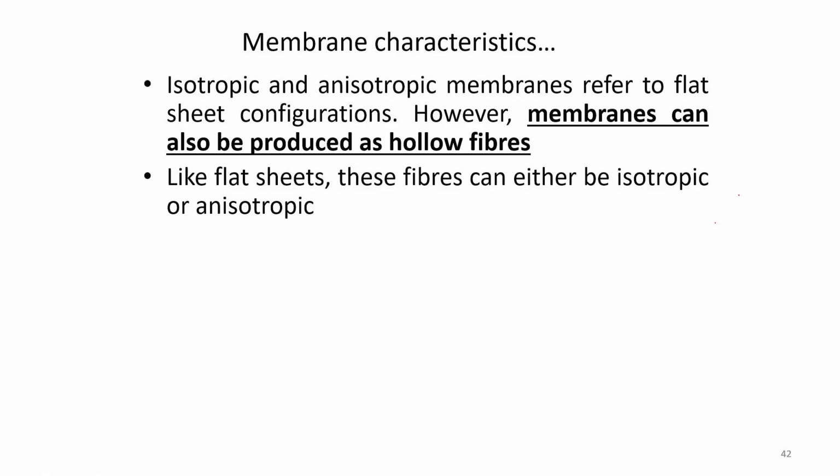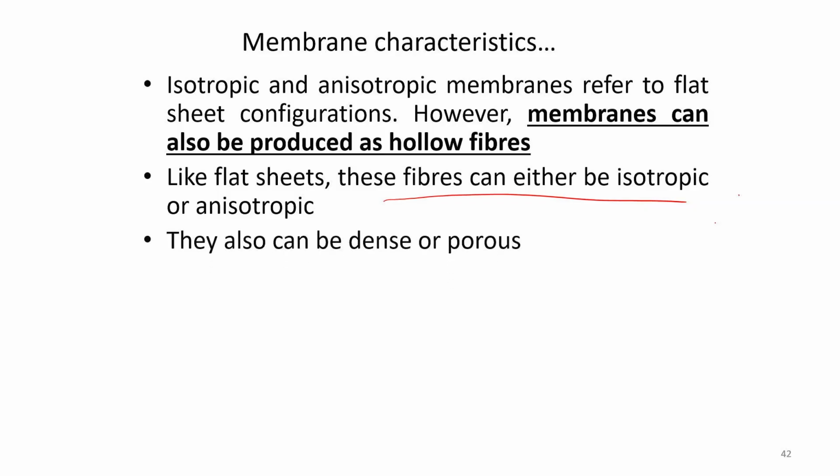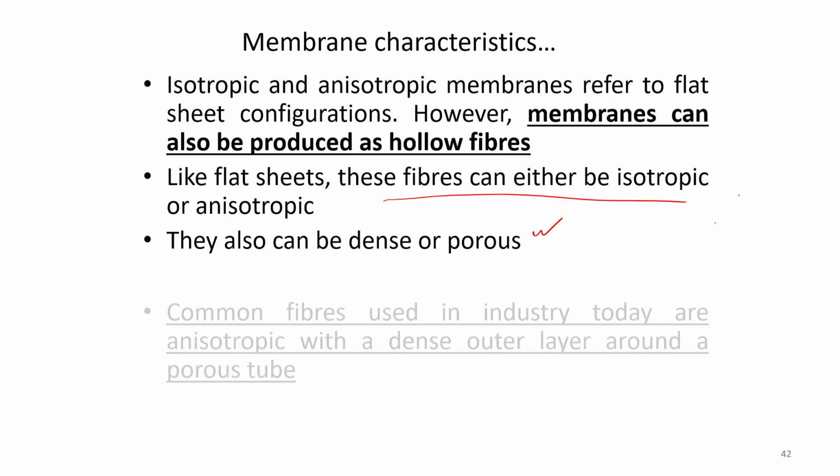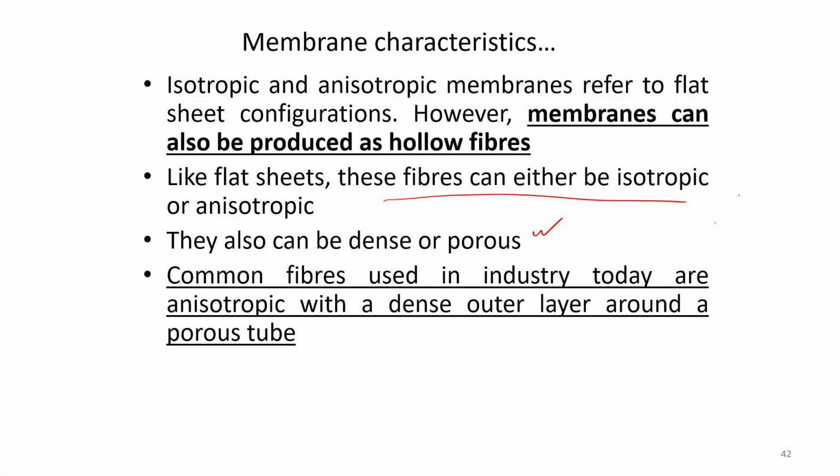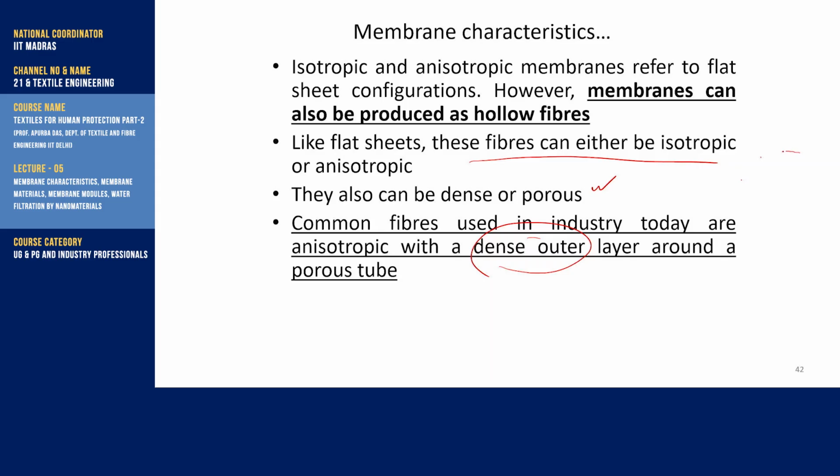Like flat sheet, these fibers can either be isotropic or anisotropic. They also can be dense or porous. So, that we can create depending on our need. Common fibers used in the industry today are anisotropic with a denser outer layer around a porous tube. That is very commonly used.